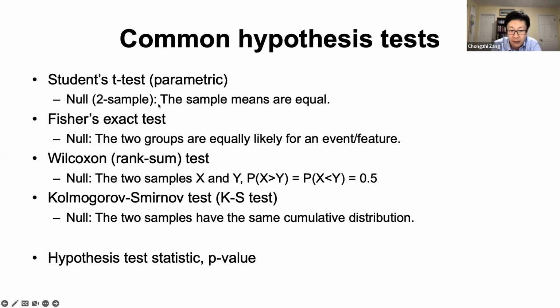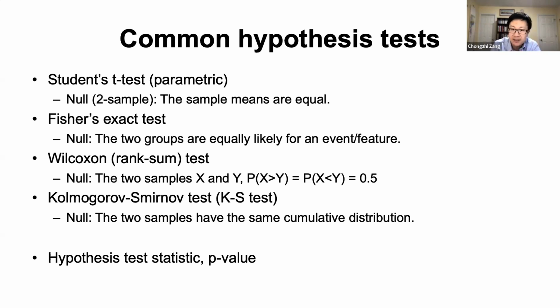The null hypothesis for the t-test is that the means of two samples are equal. With a t-test, usually we compare two groups of numbers and generate a p-value. This is just to remind us of the statistical way of thinking.